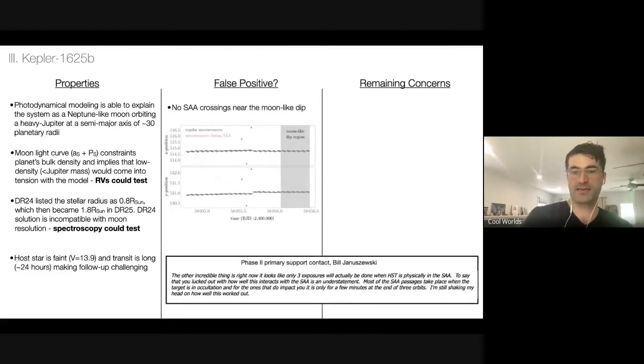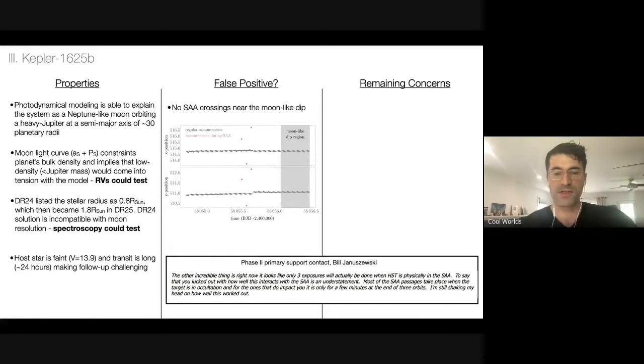Well, we'll go through these pretty quick. Here's a time series of the South Atlantic anomalies, as they're called, when Hubble goes through these regions of the Van Allen belts of the Earth. And basically, the moon-like region is way, way outside. In fact, it's kind of amazing. The phase 2 primary support contact told us, if you read that last sentence, he's still shaking his head about how well this worked out.